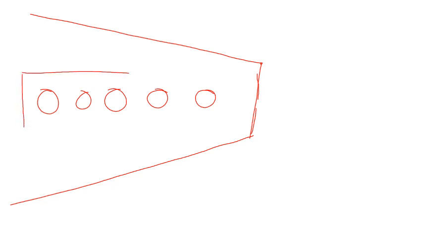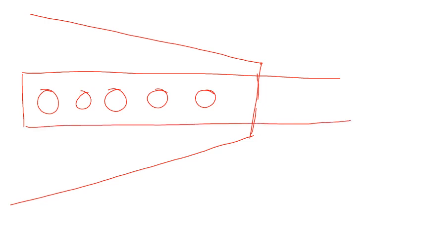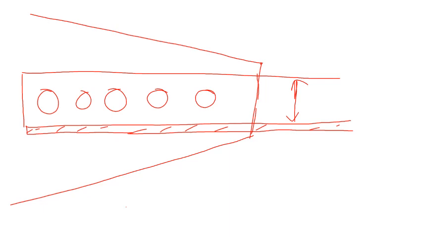So let's draw 5 rivets, 1, 2, 3, 4 and 5, and then these are the angle, right? So this is the outstanding leg, what I am drawing here, and this is the connected leg, right? This is on one side and one will be on the back side, so they are connected from both sides of the gusset plate.